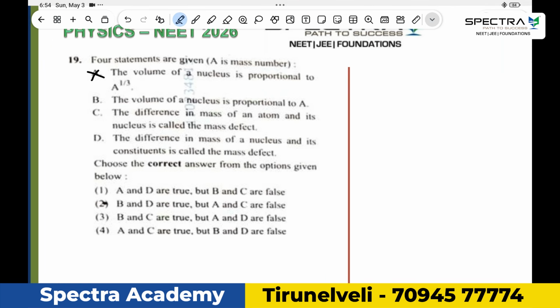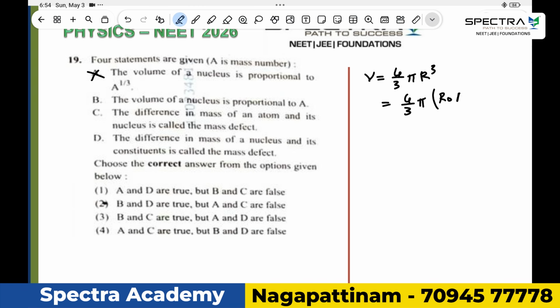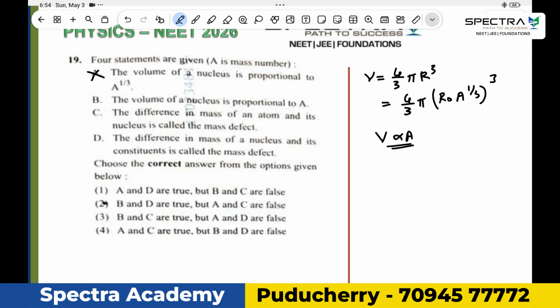Now B, the volume of a nucleus is proportional to A. Is that correct or not? Volume is equal to 4 by 3 pi r cube, which is 4 by 3 pi r naught A power 1 by 3 cube. So we can see the volume is proportional to A. So B is true. Now what about C?